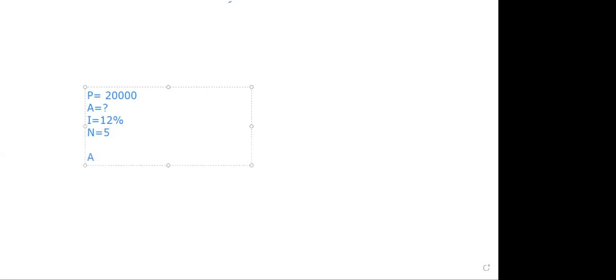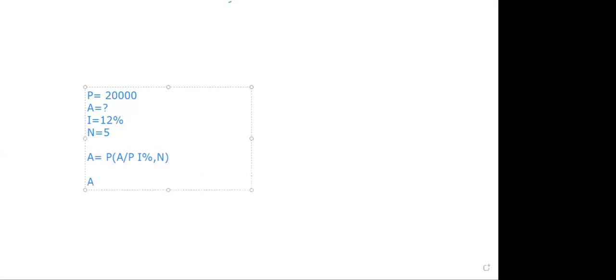So from the formula, not the mathematical formula, I'm not interested in the mathematical formula, that one is old school. It is A over P. You go to your interest table and look for A over P, because anything that is under is what you're looking for, and anything that is above is what you have. So A is above, which means A is what we're looking for.